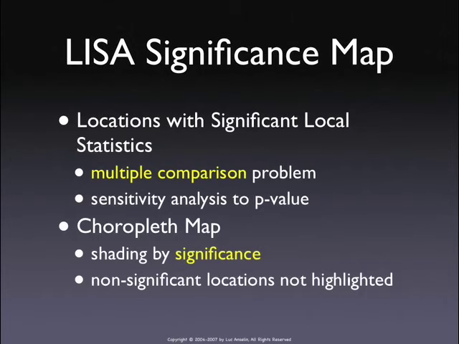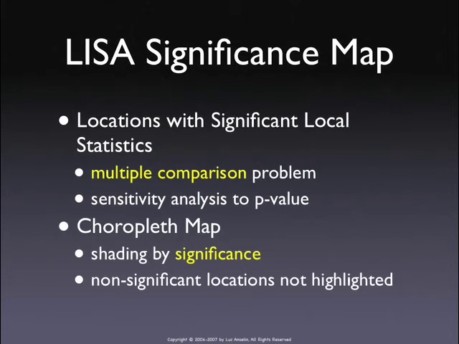So my approach to this is to do sensitivity analysis and to see how the results change if I change the p-values and if I change the number of permutations. The way we visualize this is in what I call a LISA significance map, and it's very important to realize what's going on here. Only those locations with a significant local statistic are shown on the map.